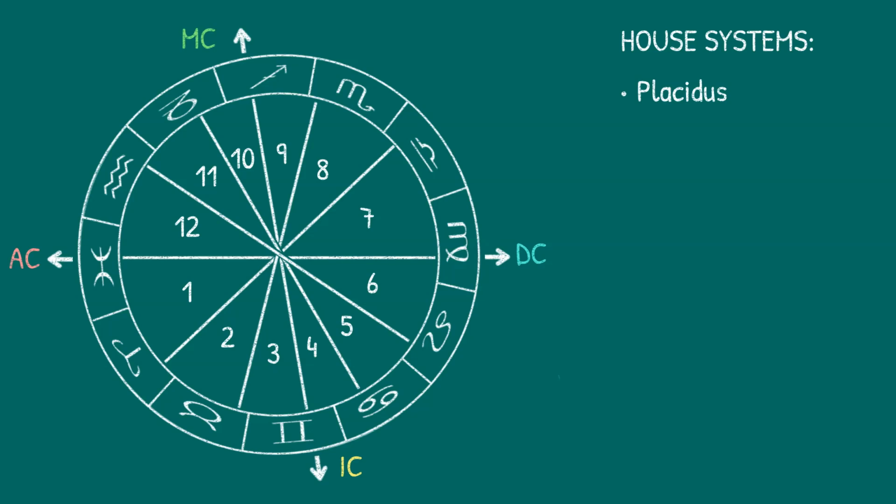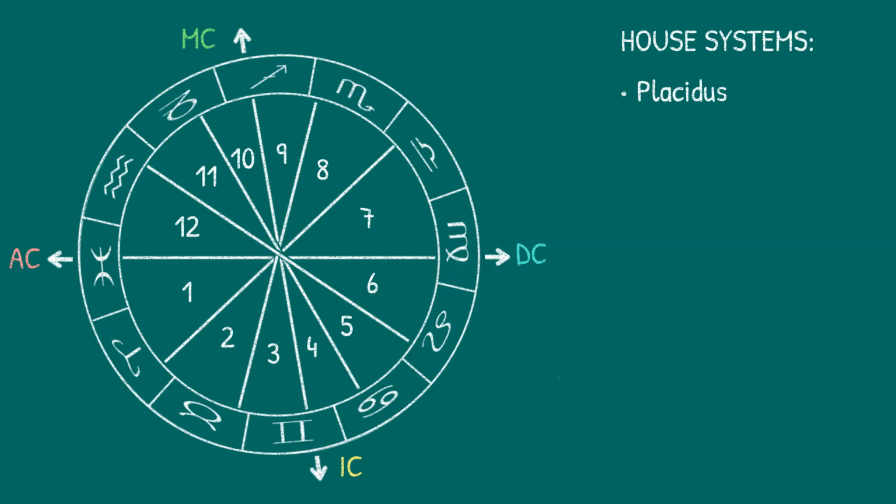I will explain more about the method of calculation later, as it is relatively complicated, and since you can easily create a birth chart with a computer today, you don't necessarily need to know it. For now, it is enough to have heard of the name Placidus. By the way, the houses in the birth chart you see here were calculated using Placidus.